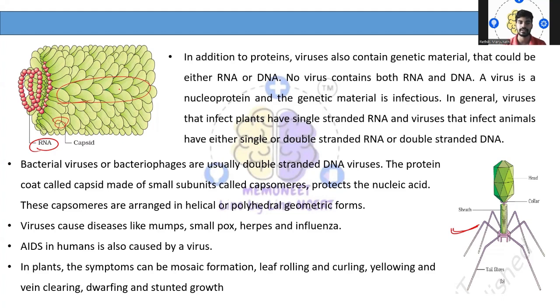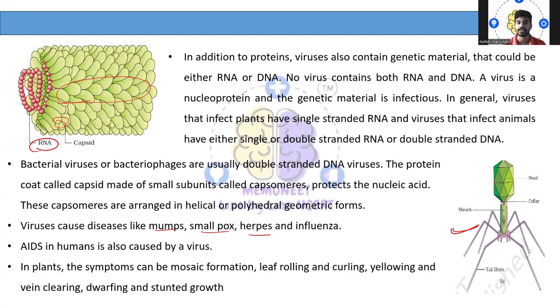Then they cause diseases like mumps, smallpox, herpes, and influenza, and AIDS, which is most popularly seen in humans, is also caused by a virus.